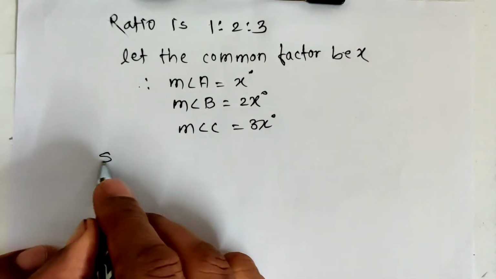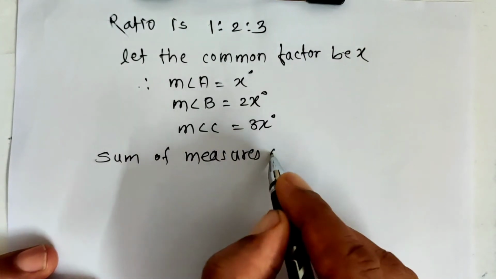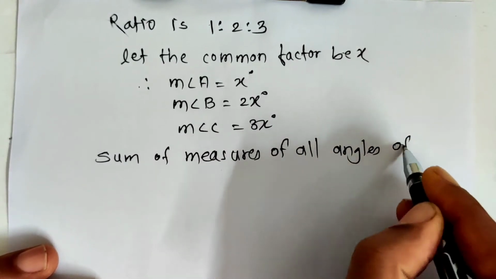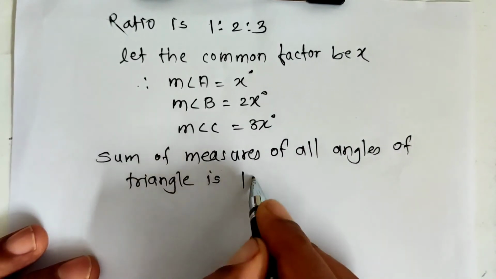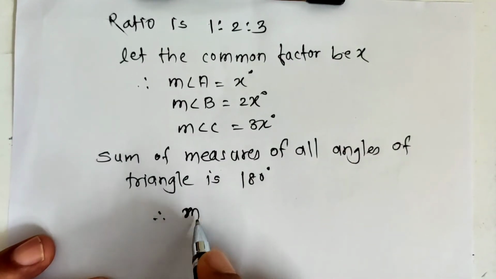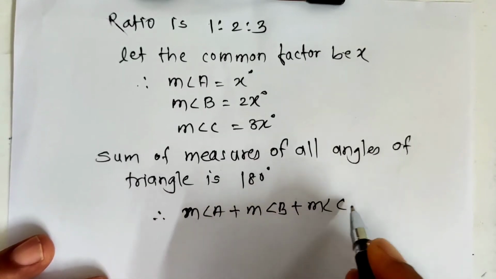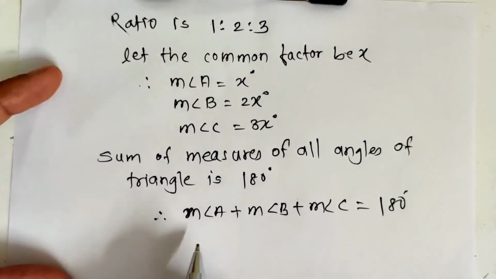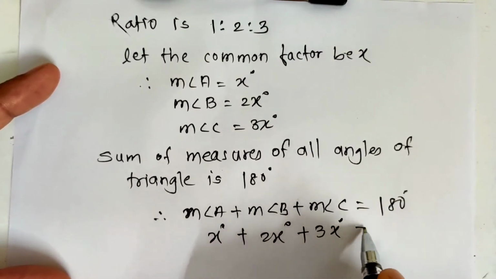But you know, the sum of measures of all angles of a triangle is 180 degrees, and therefore measure angle A plus measure angle B plus measure angle C is 180 degrees. ये 180 हो गया, तो इसमें value substitute करो, x degree plus 2x degree plus 3x degree is equal to 180.